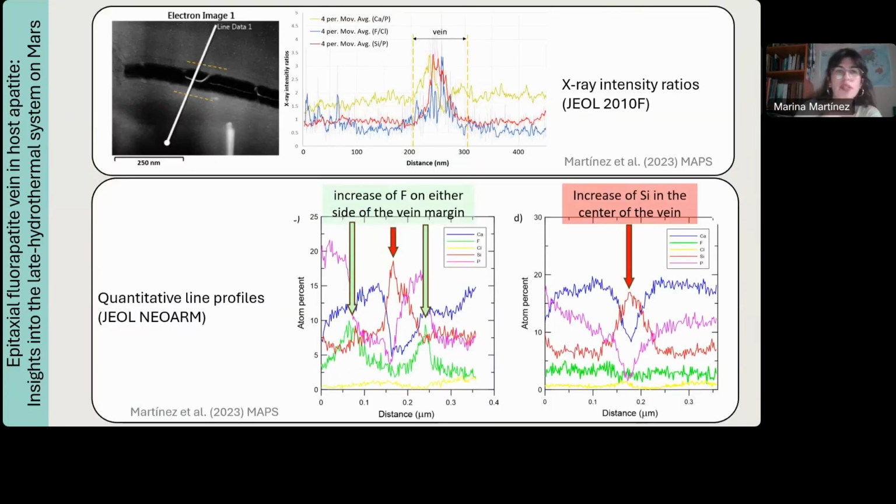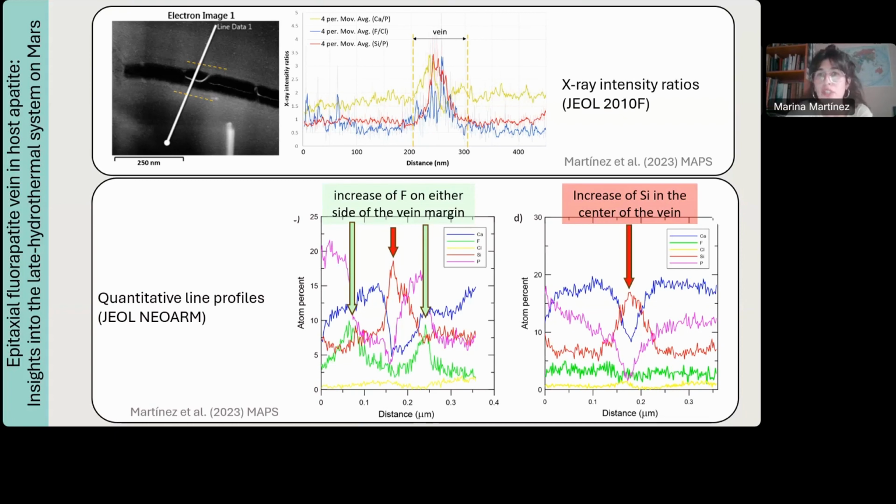We wanted to test the composition of this vein, which is difficult because of its small size. The image on top was performed with the JEOL 2010F, the old TEM at UNM, where I did this line profile. It was quite noisy, so I had to average 4 points each to have clear patterns and see what was going on.